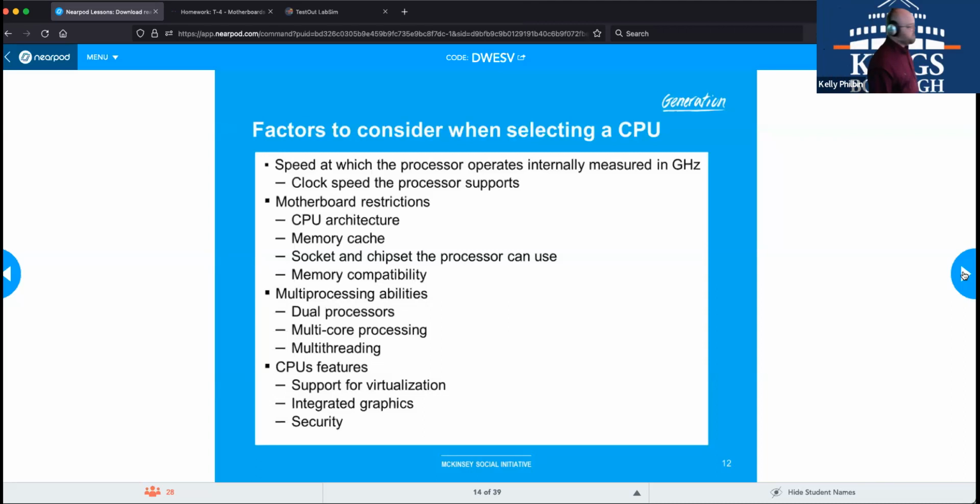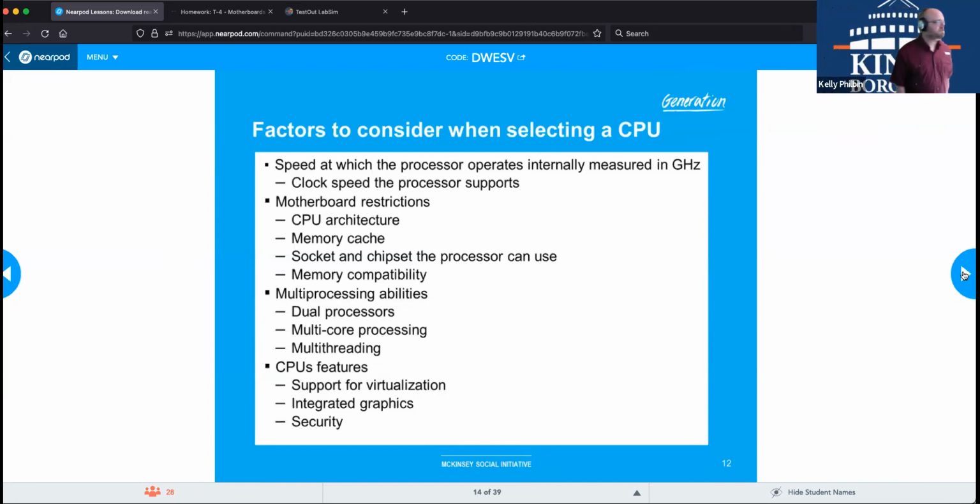The speed at which the processor operates internally is measured in gigahertz, and you need to make sure that the clock speed on your motherboard supports that type of CPU. We need to take into account also motherboard restrictions and the CPU architecture. We can't put a 64-bit into a 32-bit motherboard. Won't function.